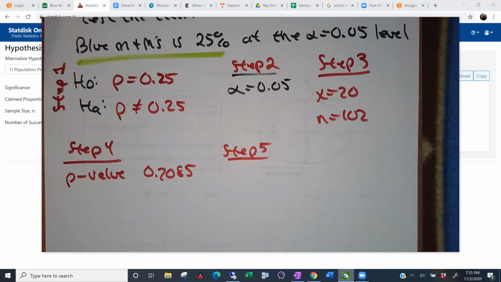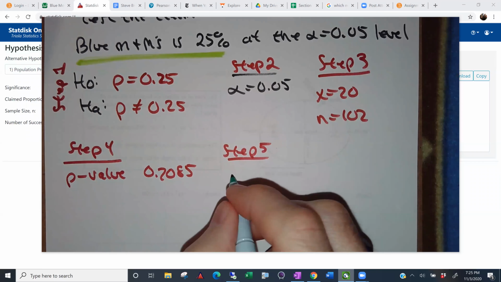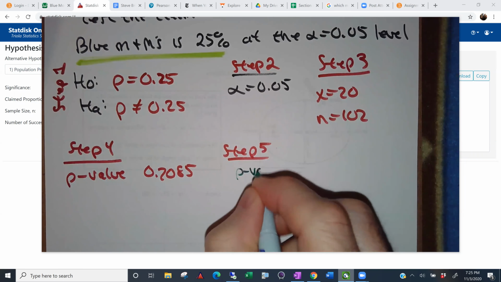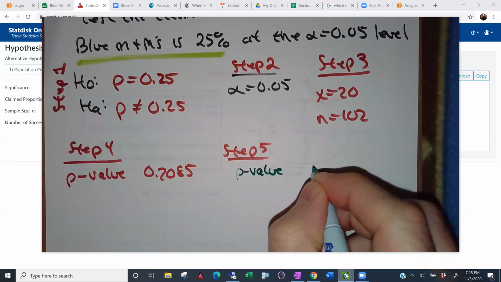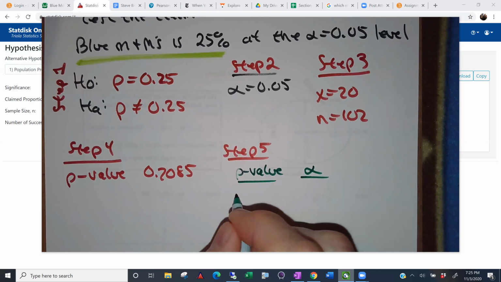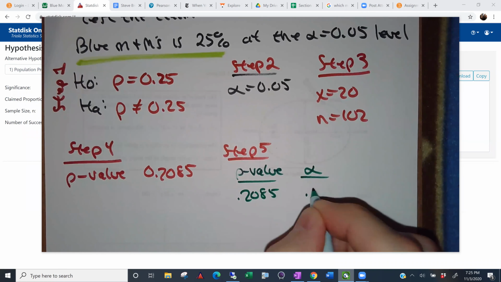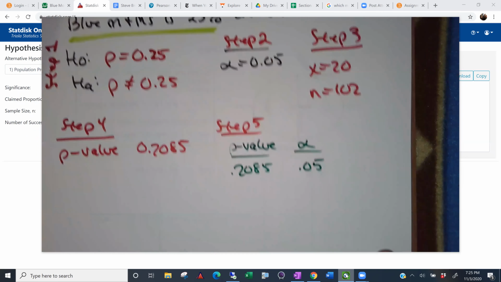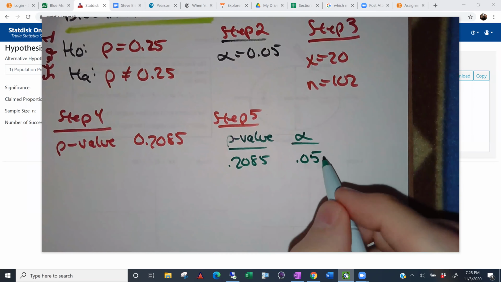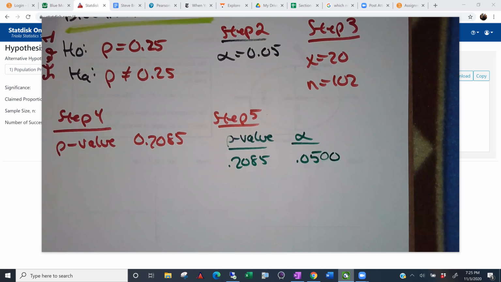Step 5 is where you decide if you're going to accept, excuse me, not accept, but reject or fail to reject. So let's take a look at our p-value and alpha. Our p-value was 0.2085, alpha was 0.05. If it helps, you can put 0.0500.